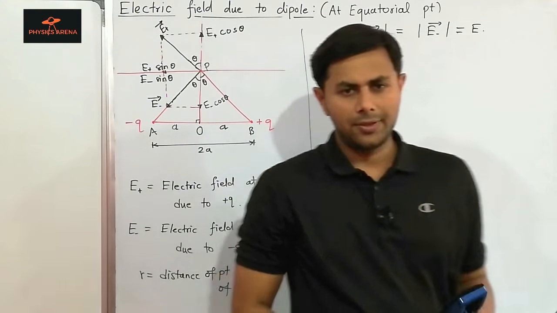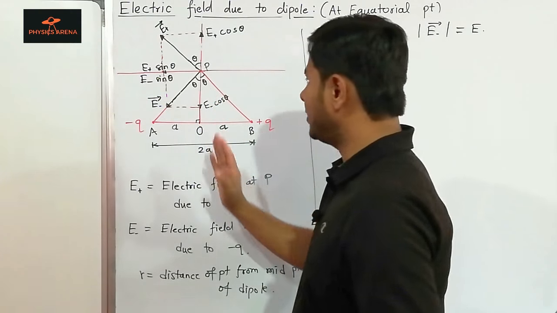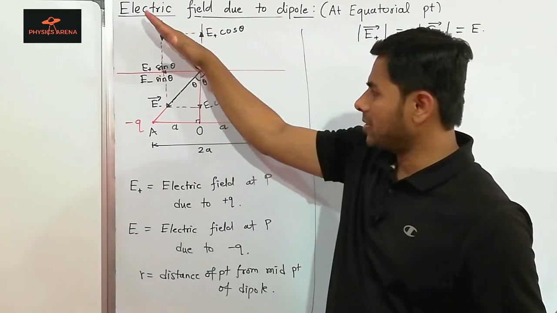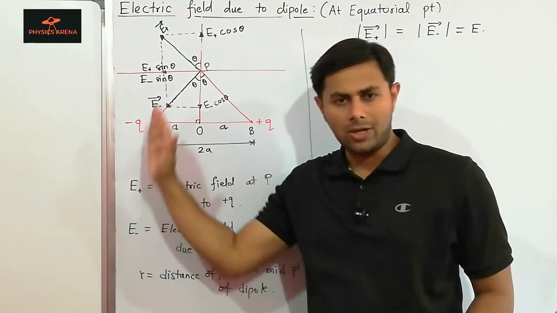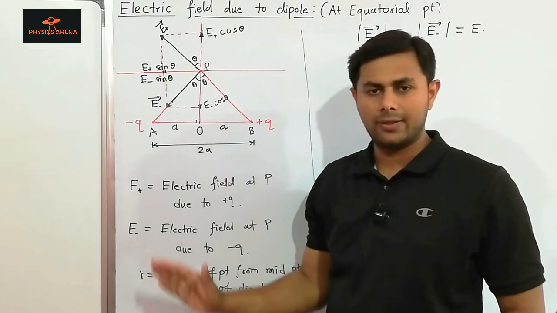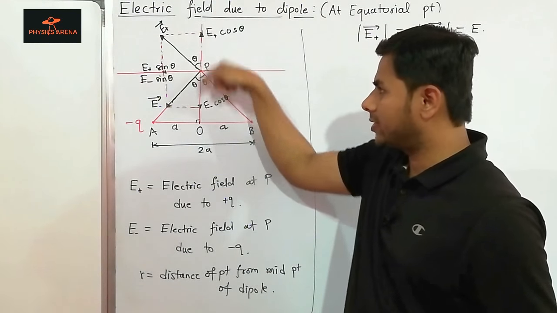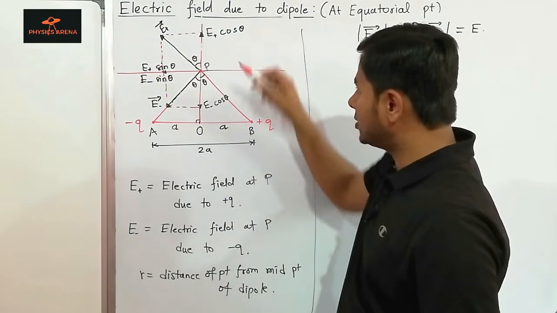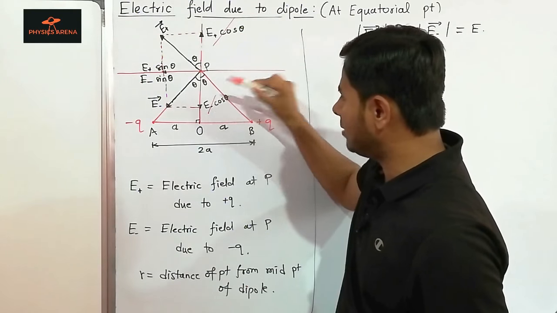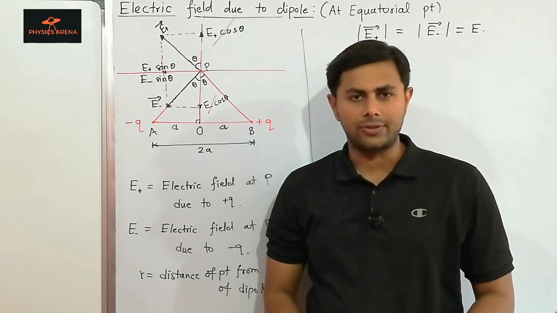Now as you can see, the components of E plus and E minus along the vertical direction have equal magnitude and they are directed opposite to each other. So E plus cos theta and E minus cos theta get cancelled out.